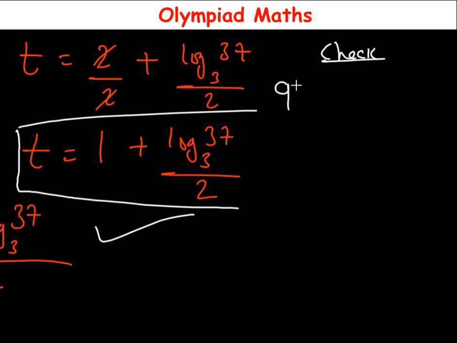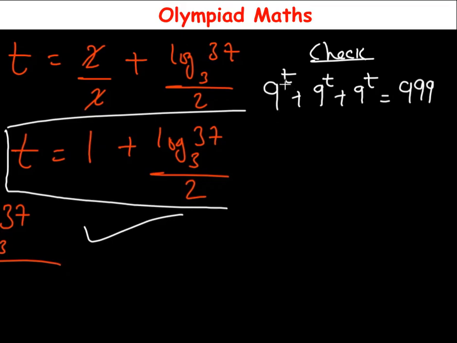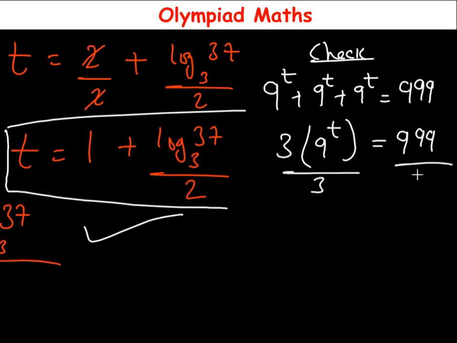The equation is 9 raised to power t plus 9 raised to power t plus 9 raised to power t is equal to 999. Now, 9 power of t plus 9 power of t plus 9 power of t is 3 times 9 power of t, right? Is equal to 999. So then divide both sides by 3. The 3 cancels out 3. 9 raised to power t is equal to 999 over 3, which is 333.